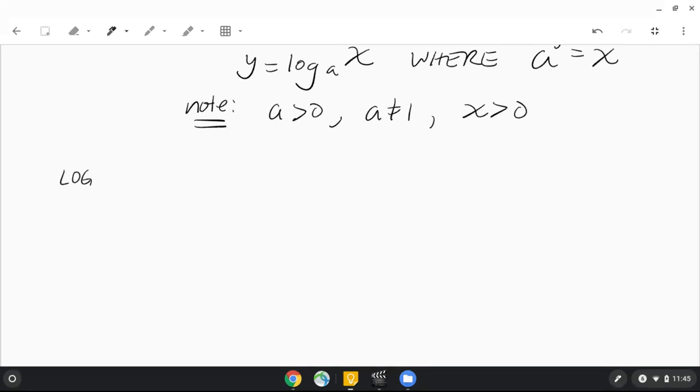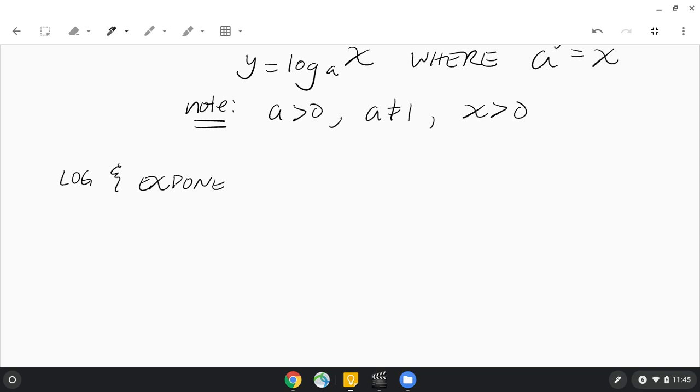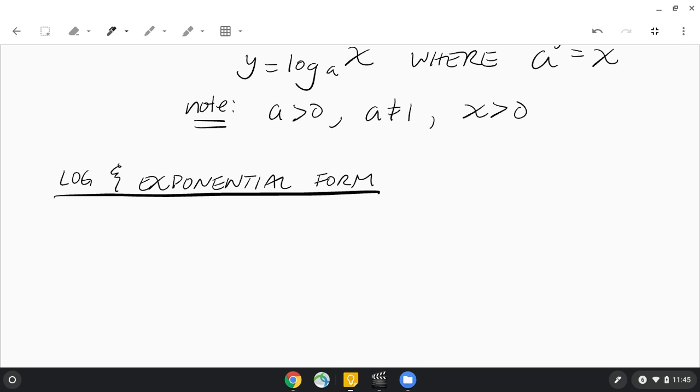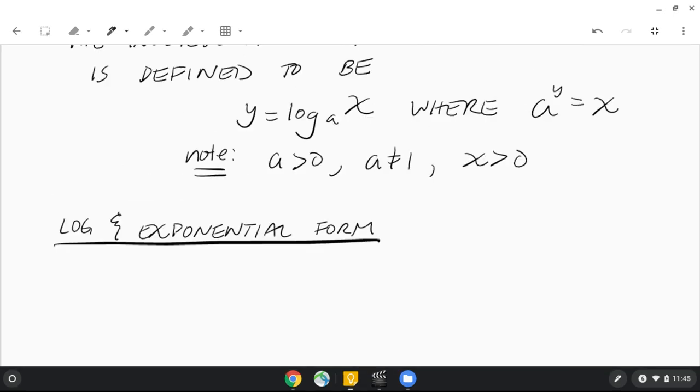So log and exponential form. Okay, so what we're going to be doing is looking at these two forms right over here that we just wrote down.